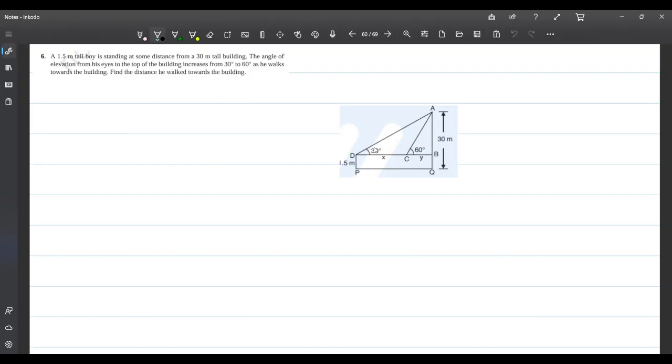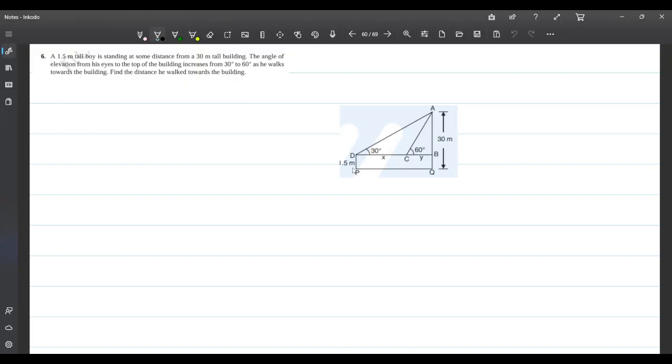Suppose that this is the angle of elevation. So as he walked, the angle of elevation increased, from 30 to 60 degree. So we have to find the distance he walked towards the building.